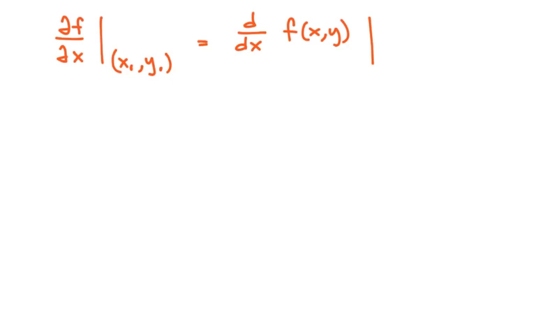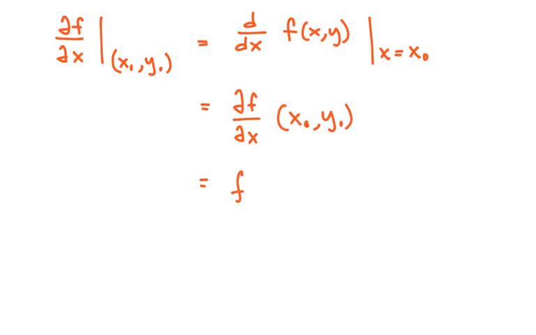If I had partial of f with respect to x evaluated at x naught, y naught, some other ways I could write that would be d dx, take the derivative with respect to x of this function of several variables evaluated when x equals x naught. So we've got a value here. We could also say this is the same as writing partial f, partial x, x naught, y naught.